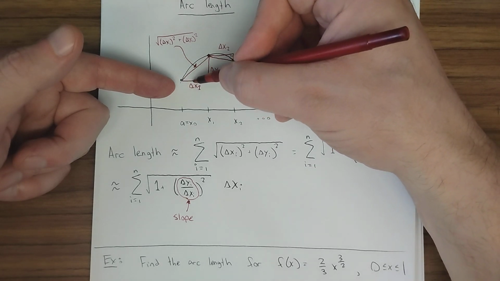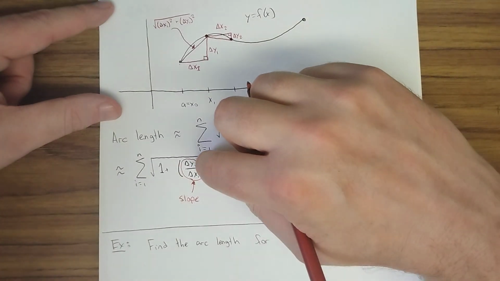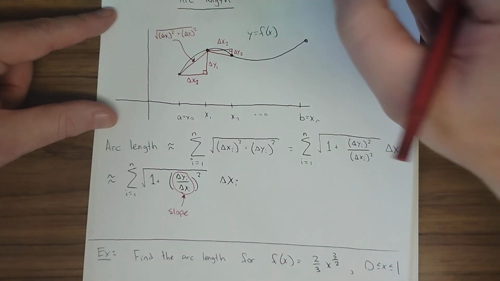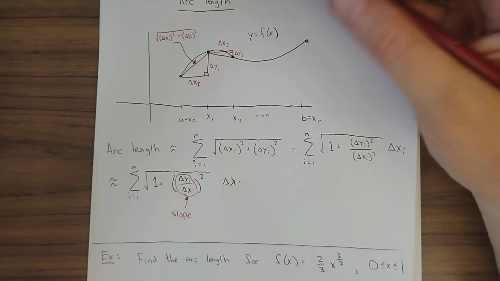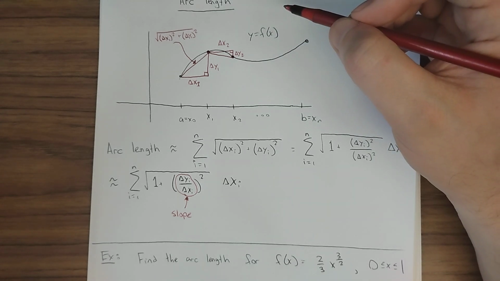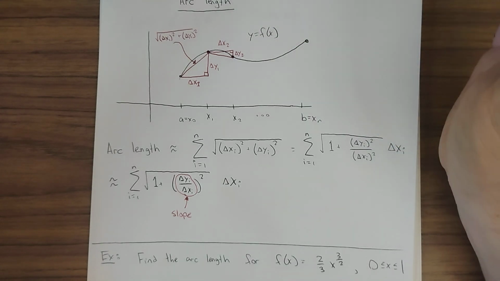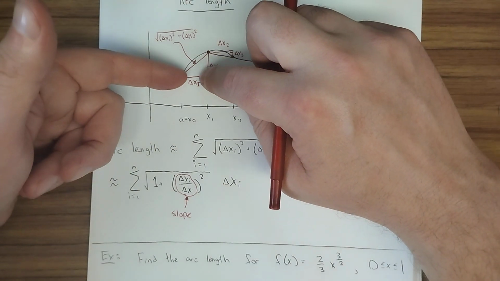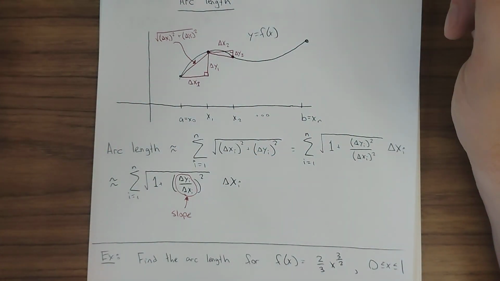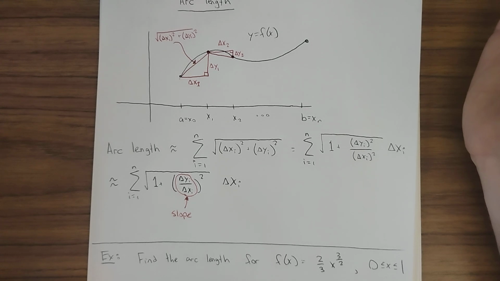It's rise over run. So this is just the slope of the ith line segment. And what do we get if we take the slope and we move these values of x closer and closer? The slope is a derivative.